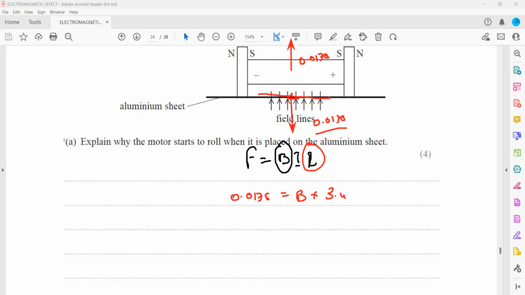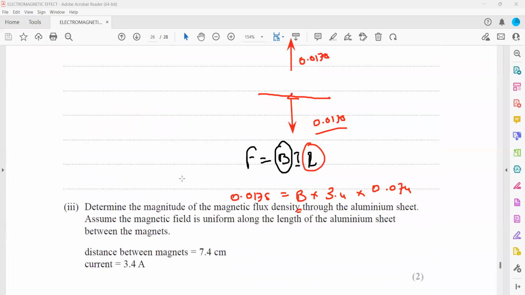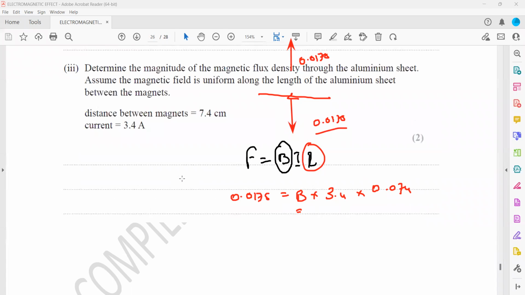The length of the wire is 7.4 centimeter. We convert into meter, so 0.074. We just need B, so that will go there in division. The final answer will be 0.07 Tesla, because that's a magnetic flux density, so it should be in Tesla. Or you can also say Weber per meter square. So 0.07 T will be the final answer.